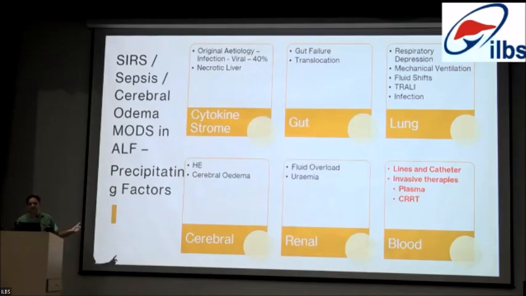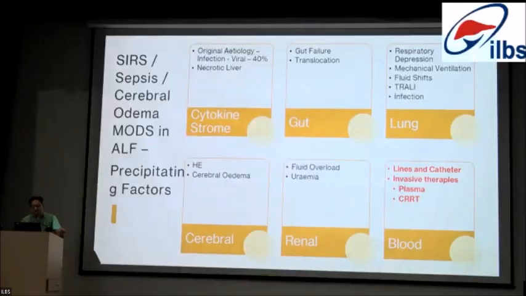So why I put in this slide here is there are a few of these things which we do in ICU, which can actually precipitate SIRS and cerebral edema and be counterproductive for us. So we need to be careful when we manage this patient in ICU that we are not harming the patient rather than doing good, by doing more things which are not required for the patient.